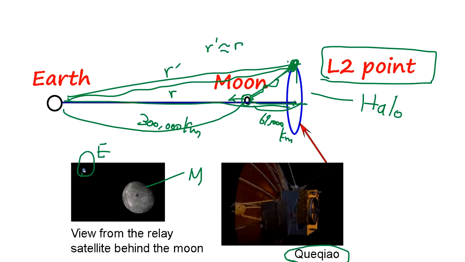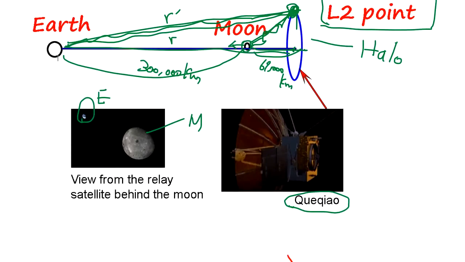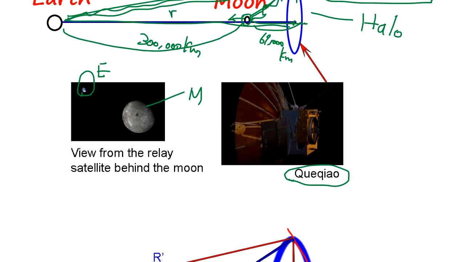Using this communication relay satellite, you can communicate with anybody on the back of the moon. Who is on the back of the moon? Well, China placed a rover there, so that's the way China communicates with the rover on the far side of the moon and with Earth.